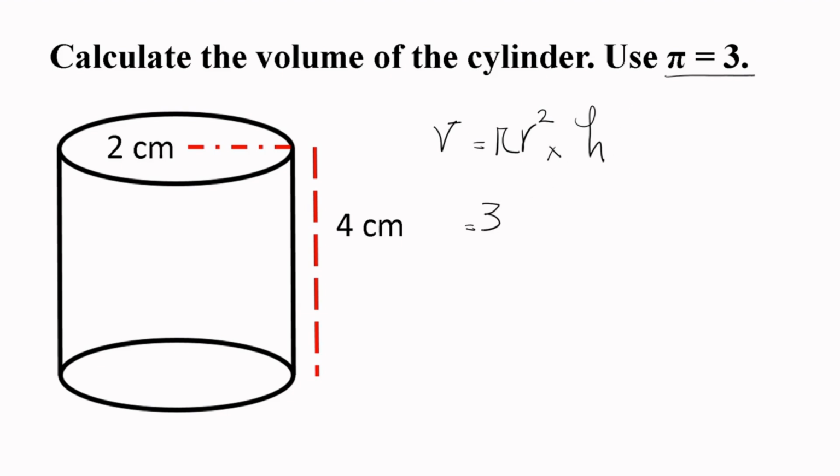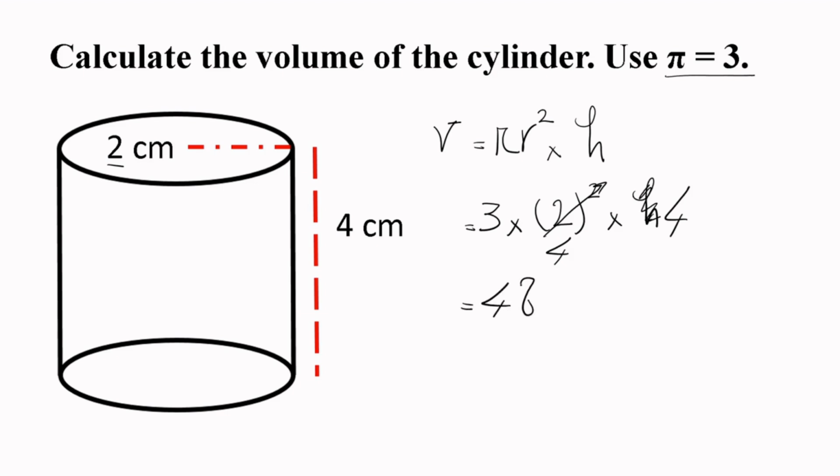Okay, I'm going to write 3. R here is 2. So I'm going to write 2 to the power of 2 times h, which is, I'm sorry, let me replace the value, which is 4. Okay, this is going to be 4. 4 times 4 is going to be 16, and 3 times 16 is going to be 48.